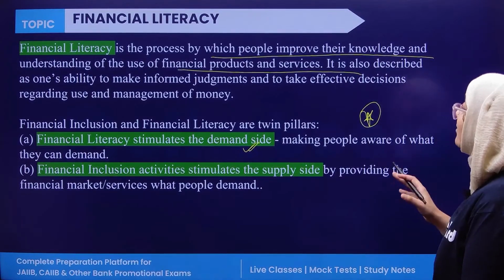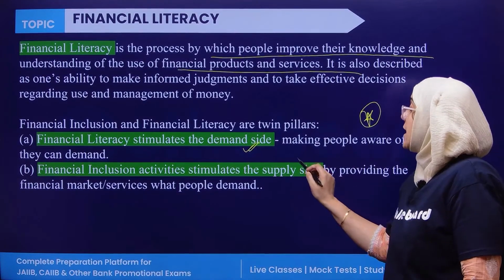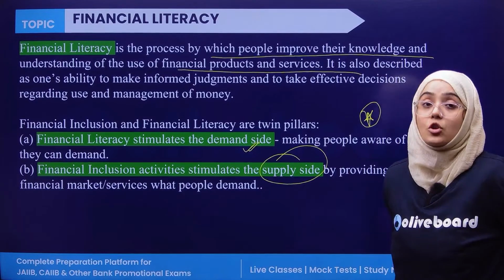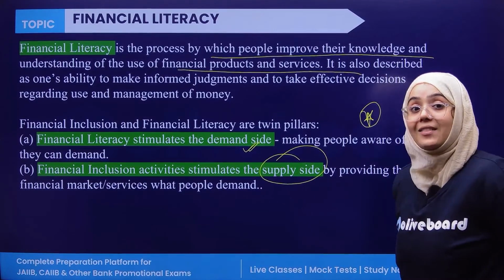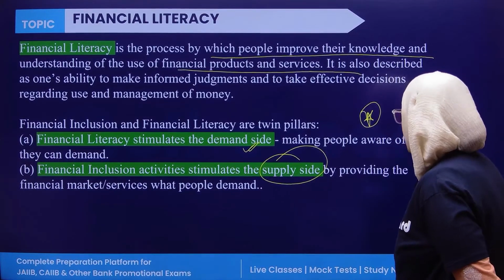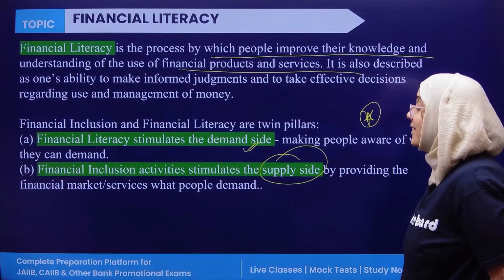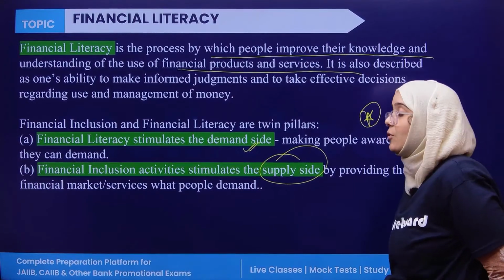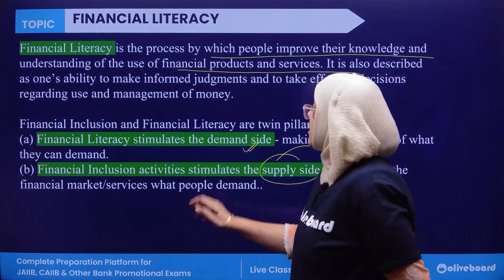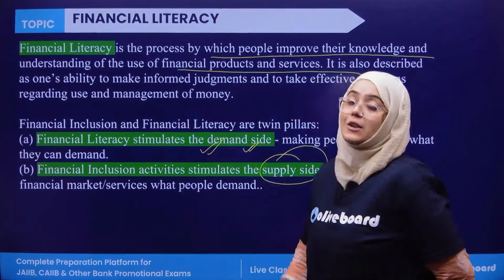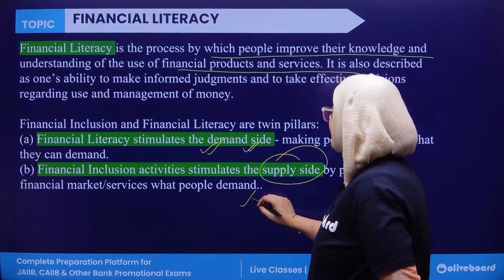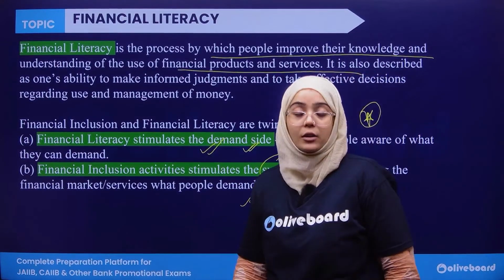Okay, next, what is financial inclusion? Financial inclusion stimulates the supply side. How? Because you provide access to the financial market and services that people demand. Whatever they demand through financial literacy is fulfilled by financial inclusion activity.